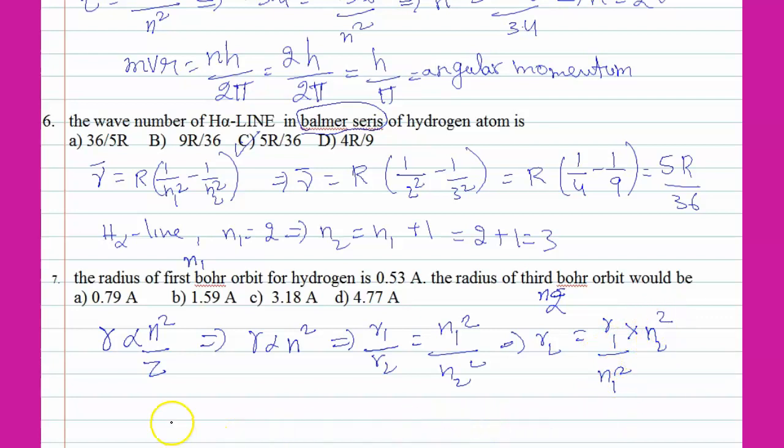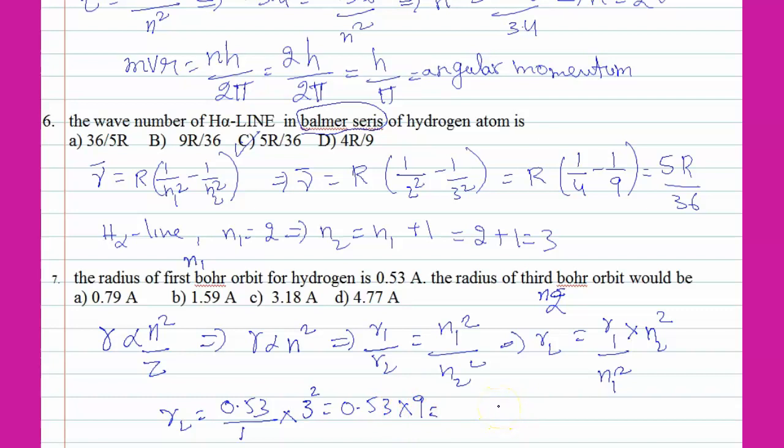So students, R2 equal to R1, which is 0.53 angstrom units, n1 means first one, n2 means third one, third means 3 square, so 0.53 into 9. So what is the value students?